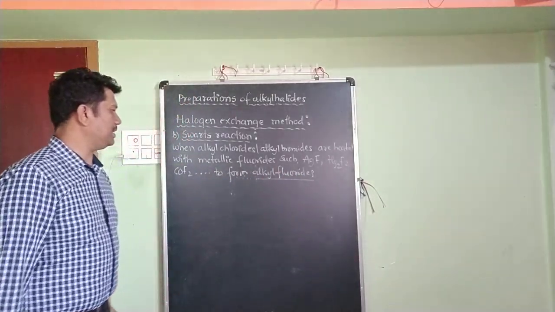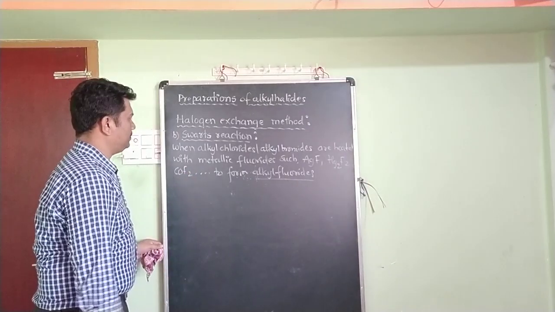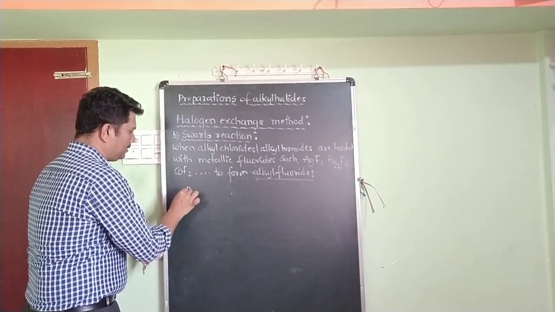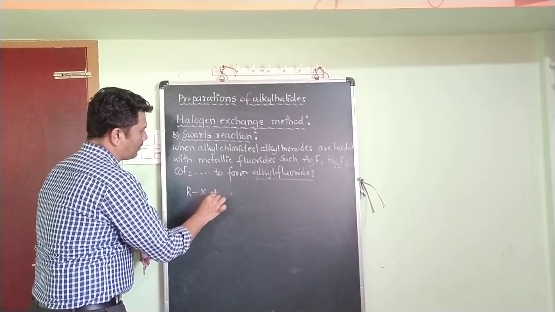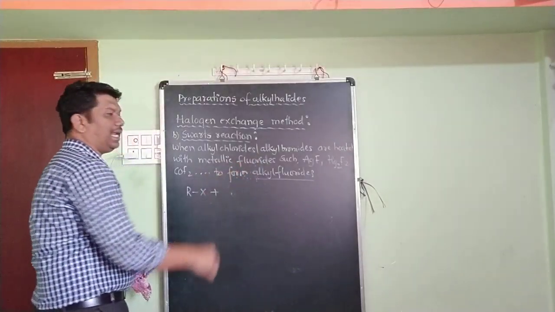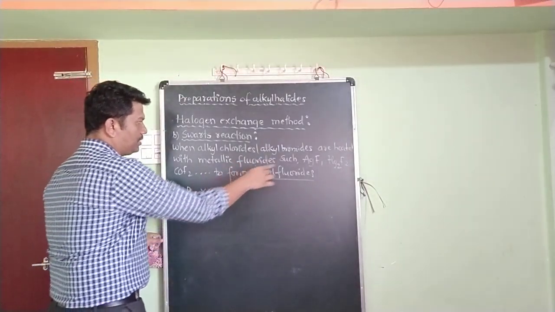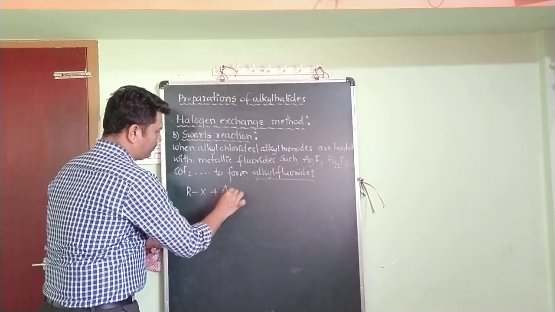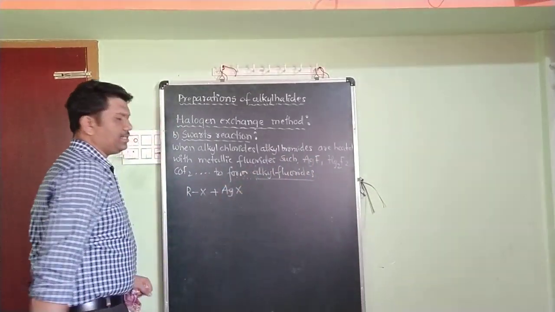So write the general representation of the reaction. As usual, alkyl chlorides and alkyl bromides, that is RX. Then they are heated with metallic fluorides. For metallic fluorides, you take any one example, either AgF or HgF2. I'll take the first one, AgF.